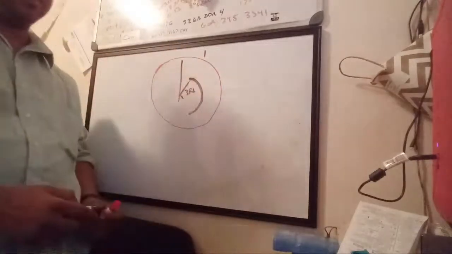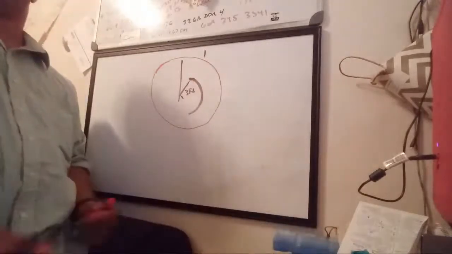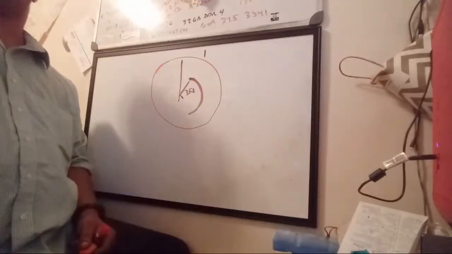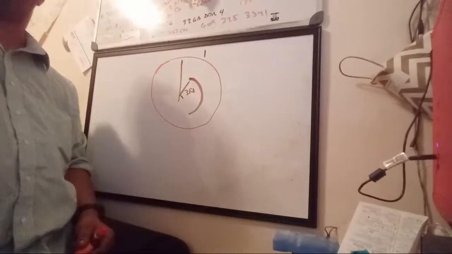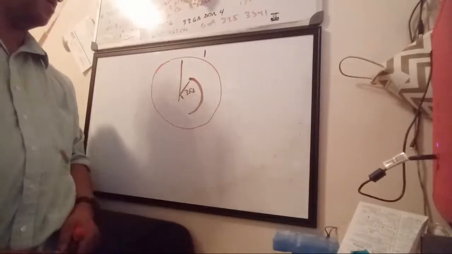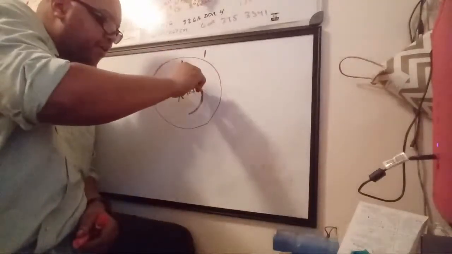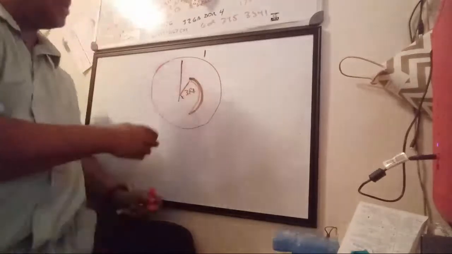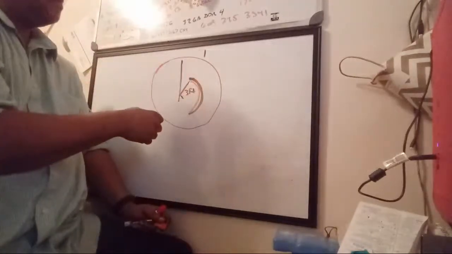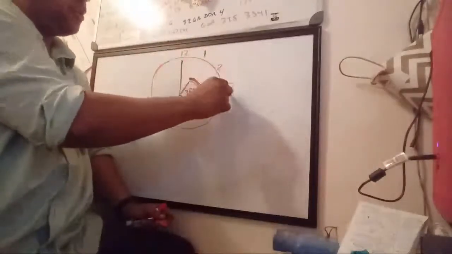Now, we have 2 pi, 4 pi, 6 pi, 8 pi, and 10 pi. Instead of calculating the distance, I want to think how many degrees it is moving. So we go from 12 to 1 to 2 to 3 to 4.